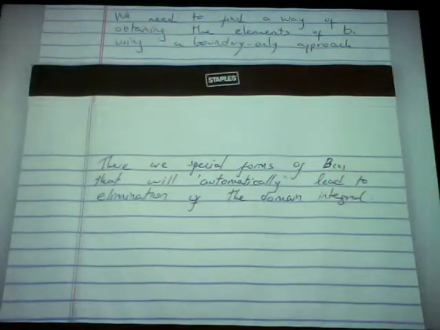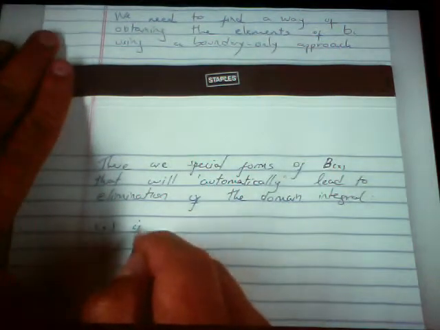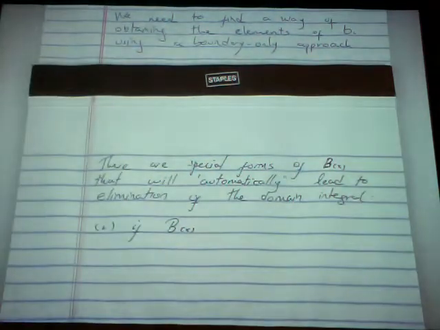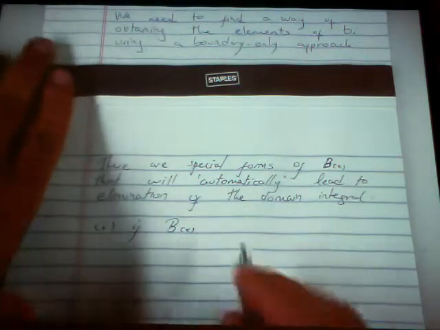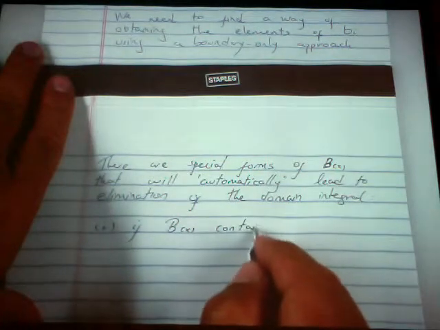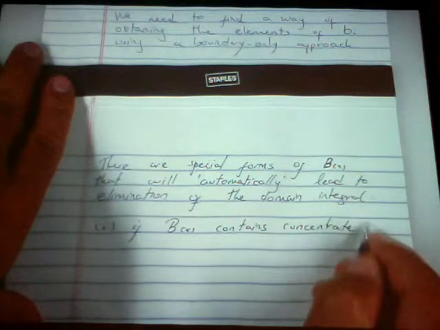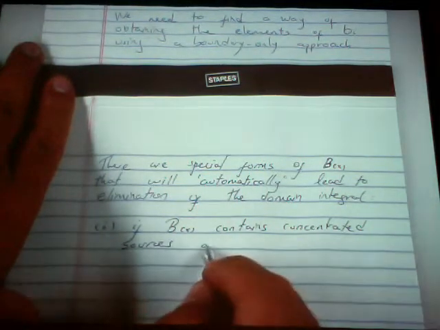There's a few cases, but two cases that come to mind immediately. One, if B of X contains concentrated sources or sinks.